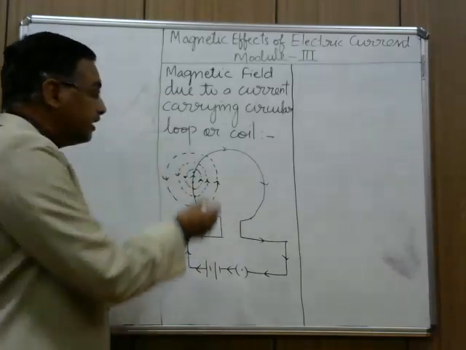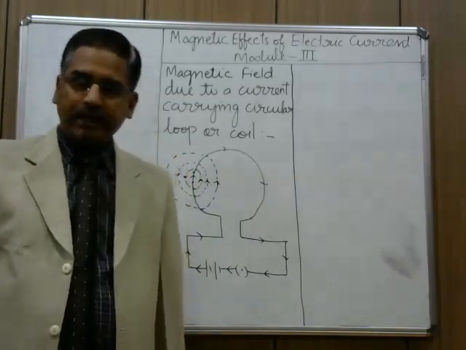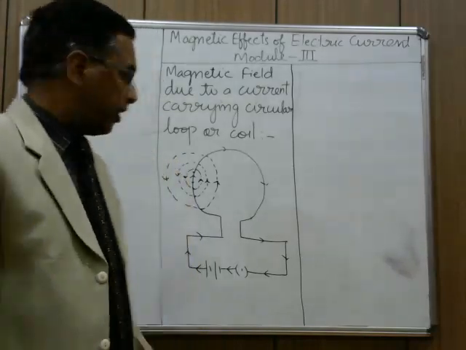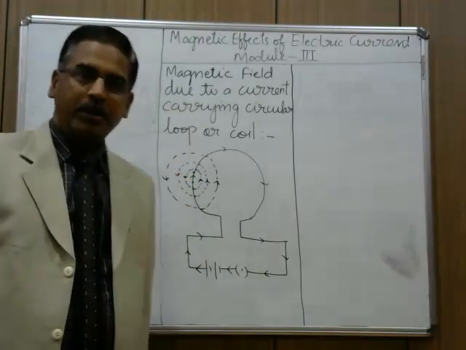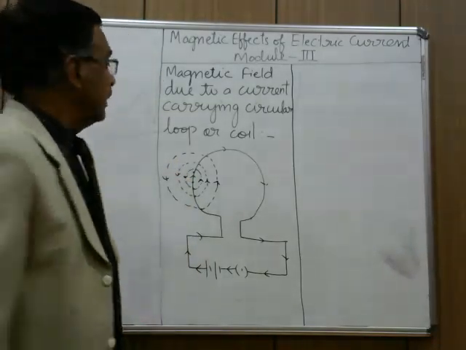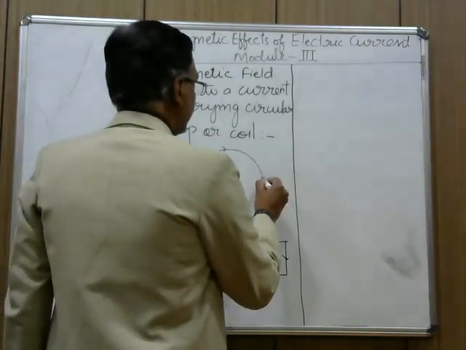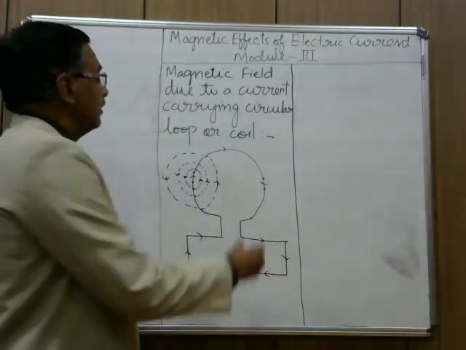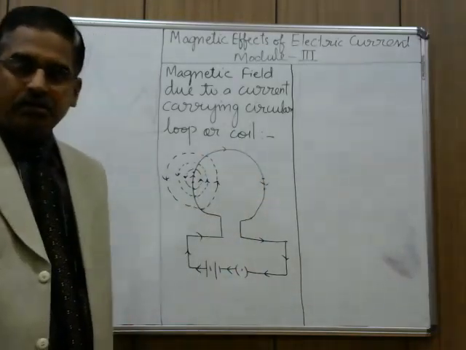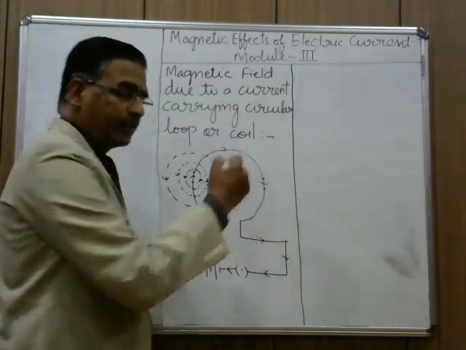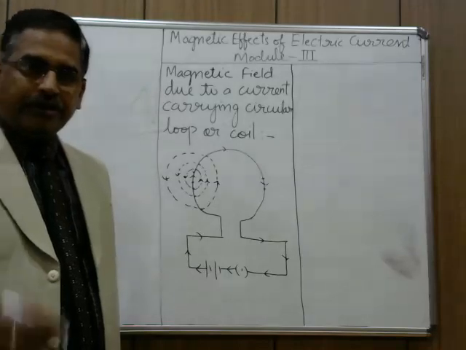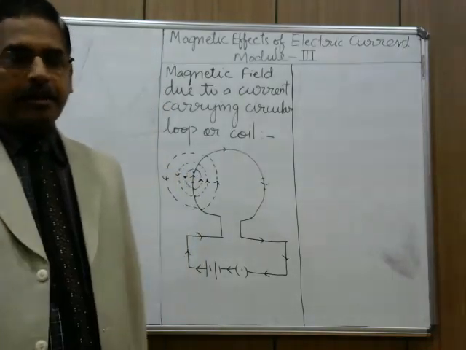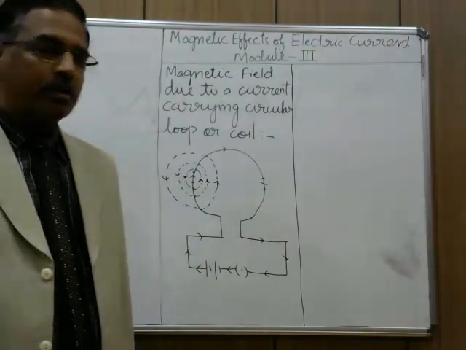Now, these magnetic lines of force are in a plane perpendicular to the circular coil. In the same way, if we consider the small element of the circular loop where the current is in the downward direction, it will behave like a straight conductor in which current is flowing downward, and then the magnetic lines of force will be clockwise.